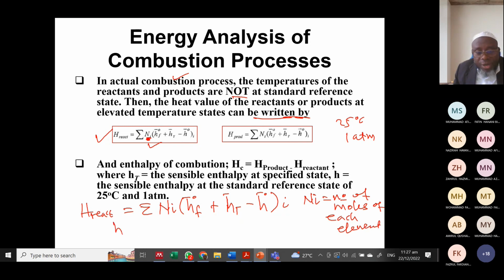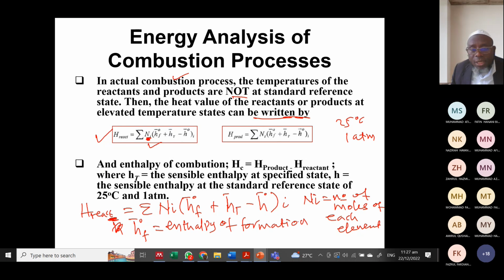And H dash 0, F is the enthalpy of formation at standard state.